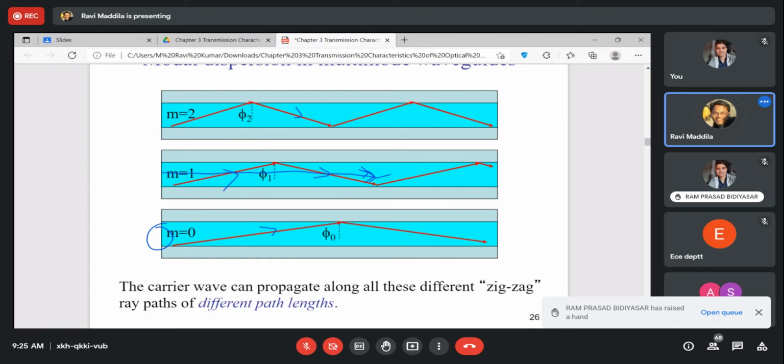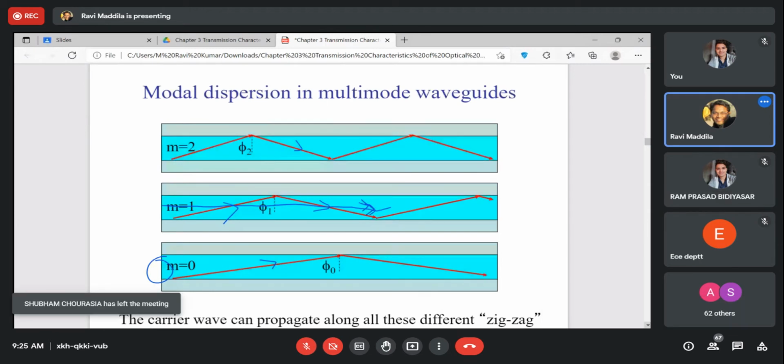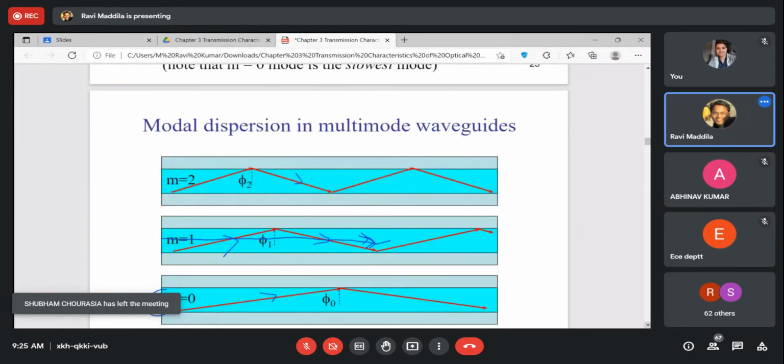So this is about the different path lengths, and let me show you some more graphical representation. We can consider we have a single pulse, and that single pulse is split into the three modes here.